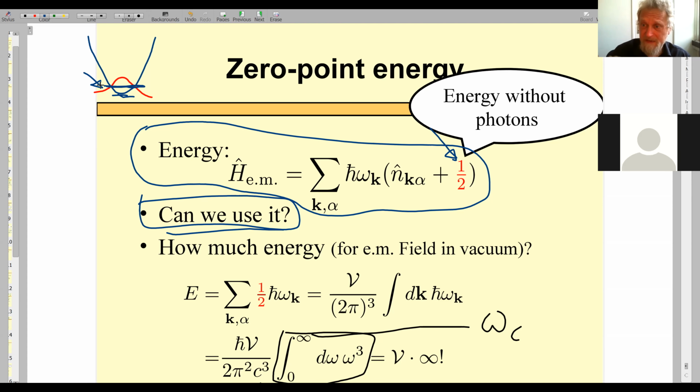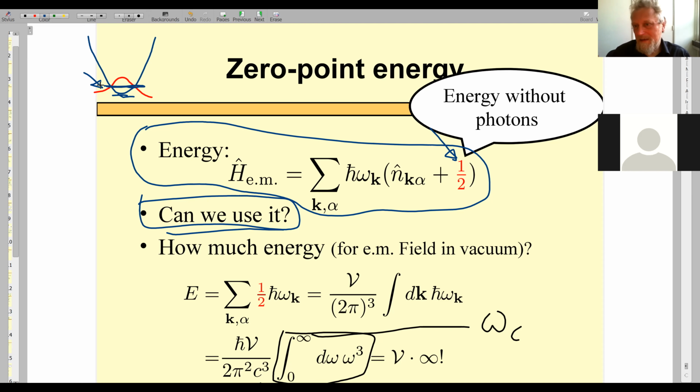If we change something in the system, we could actually change the frequency of this oscillator to get this energy. But that's not possible, that we cannot change the frequencies of the photons in vacuum without changing the vacuum.